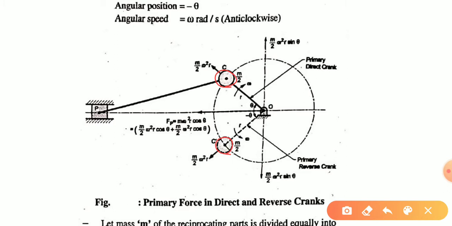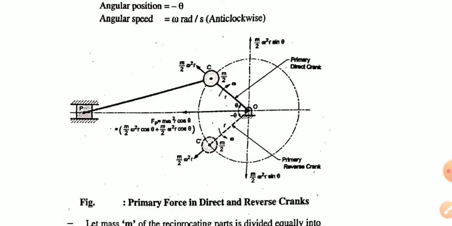The angular velocity of this will be in this direction and the angular velocity of the other is in the opposite direction. So the cos components of both will add, and ultimately the sum will be equal to our primary unbalanced force.